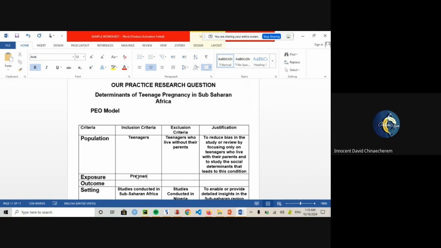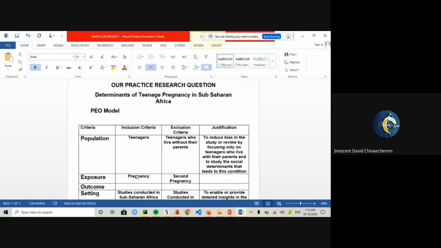exposure, I could put pregnancy. Maybe exclusion criteria could be pregnancy at second pregnancy.